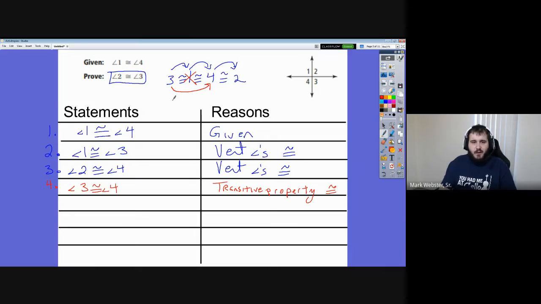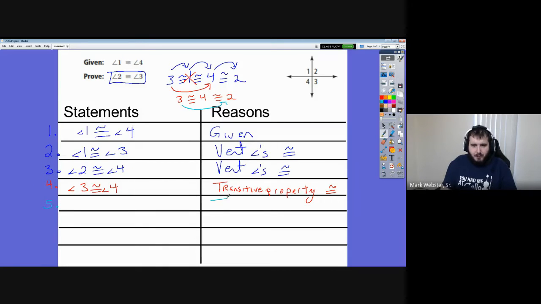And what does that leave me with? Now I've got 3 is congruent to 4, which is congruent to 2. So now I can use the transitive property again and play leapfrog once more. I can say, all right, well, now I can leapfrog 3 and go to 2, right? So let me do that.